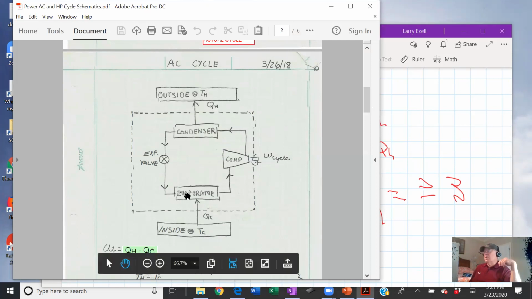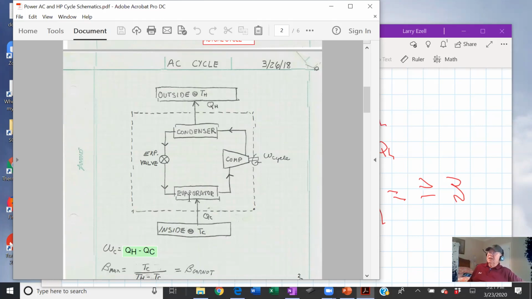And again, the reason it works is because you have a fluid that you can force to change states. When it flashes to a vapor, it pulls in a lot of heat. And when it condenses from a gas to a liquid, it gives off a lot of heat.